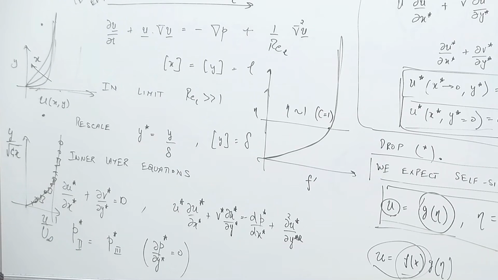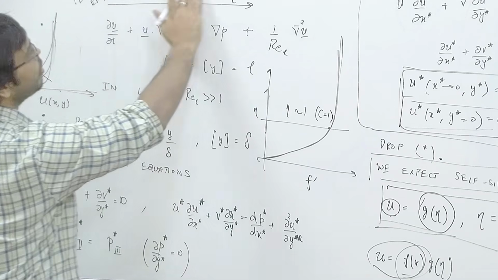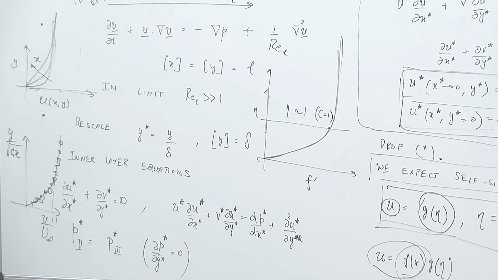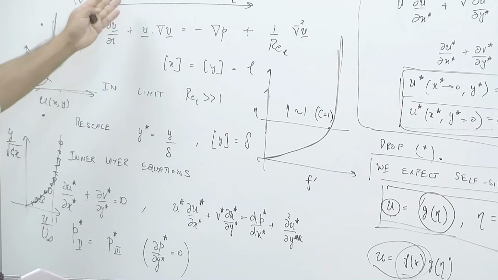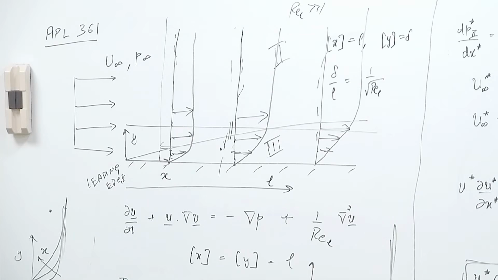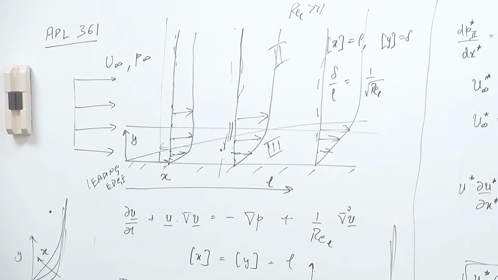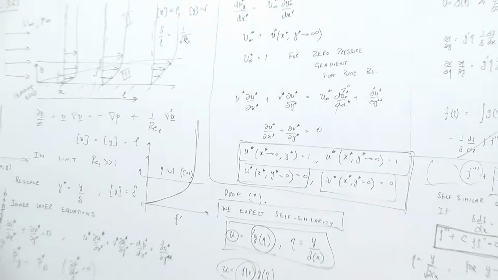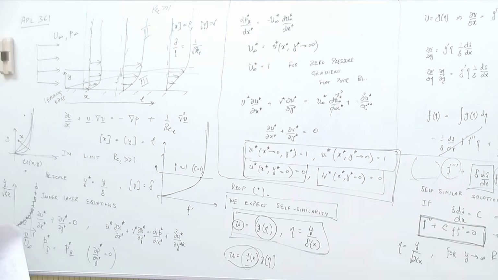That is useful how? Because to characterize your boundary layer, if you can do a collapse, that means you do not have to make measurements for different x values. If you have made measurements at a particular x value, using that you can compute what will be the velocity at other x values by saying that, okay, if I keep y by square root of x constant, then the value of u is going to remain constant.